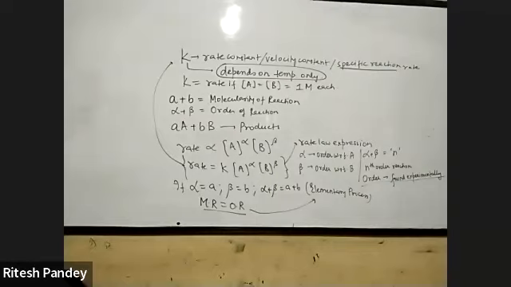If alpha is 1, you change A 2 times, rate would change 2 times. You change A 3 times, rate would change 3 times.